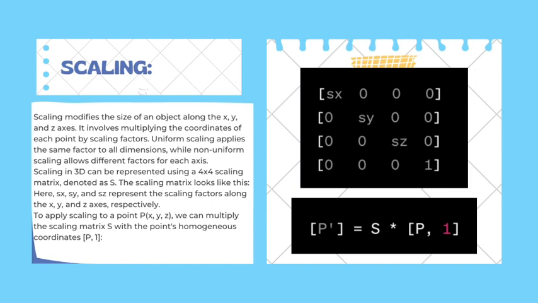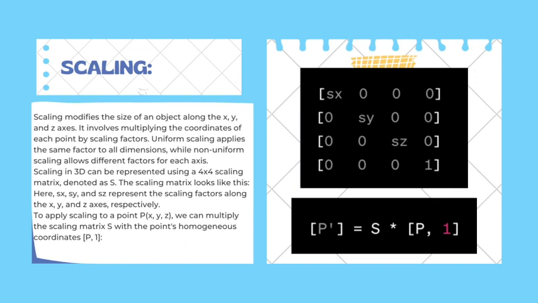Here we can see in the figure Sx 0 0 0, 0 Sy 0 0, 0 0 Sz 0, 0 0 0 1. Here Sx, Sy, Sz represent the scaling factors along the x, y, and z axis respectively.